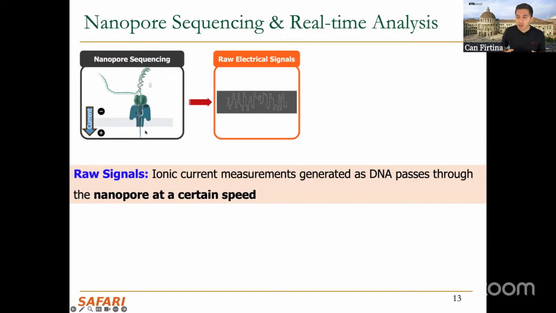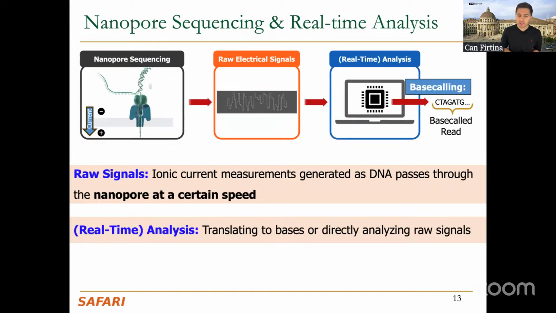These disruptions are informative for us to tell each base, as I told earlier. As a result, we will be outputting ionic current measurements as the DNA passes through these pores. This is generated at a certain speed, which is, again, around 5,000 electrical signals per second, or 400 to 500 bases per second.